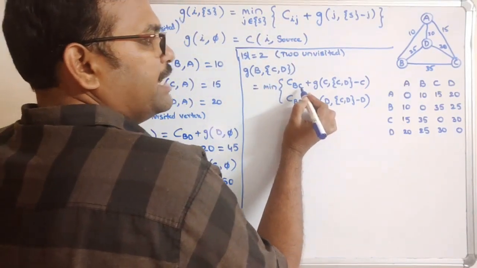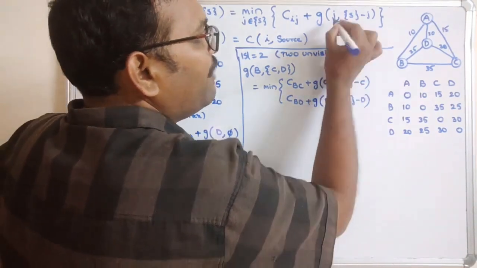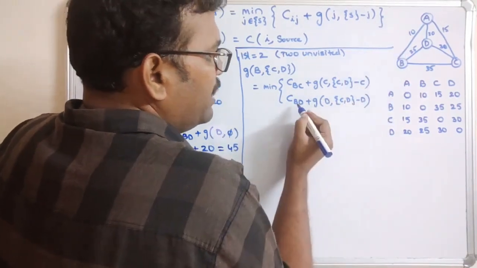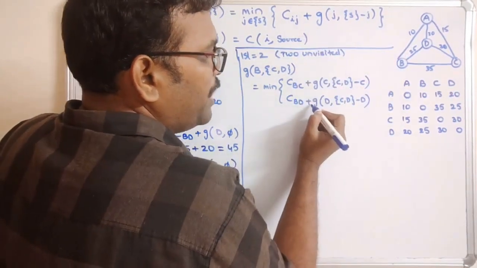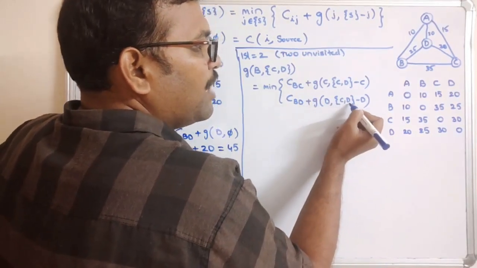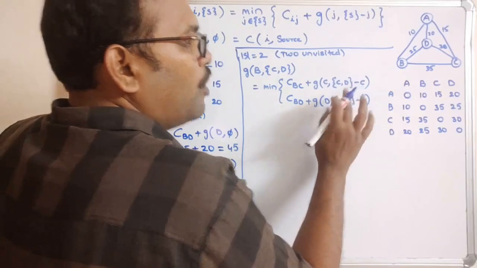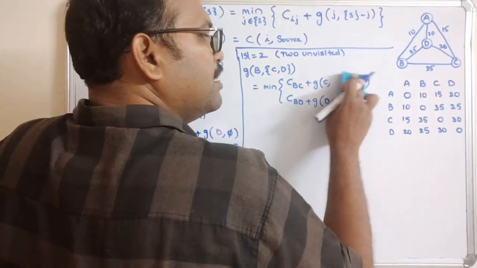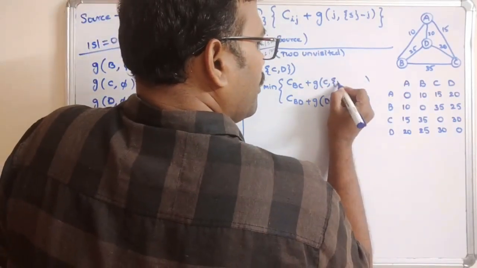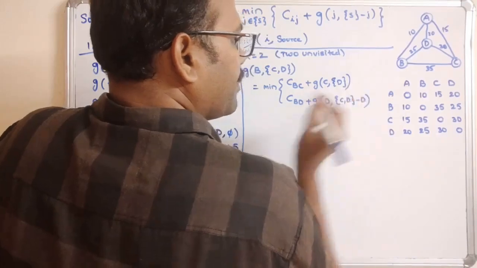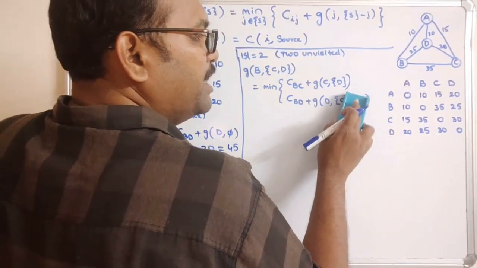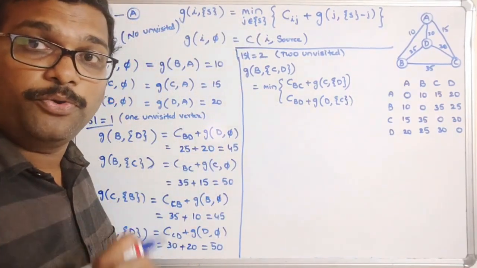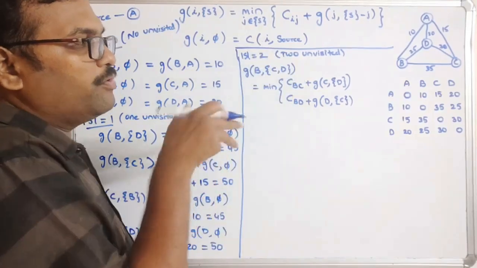In this case, J value is C, so G of C comma set {C, D} minus C. And in this case, J value is D, so plus G of D comma set {C, D} minus D. Obviously you can see set {C, D} minus C means it will be D. And here {C, D} minus D means it will be C. Hope you understood.